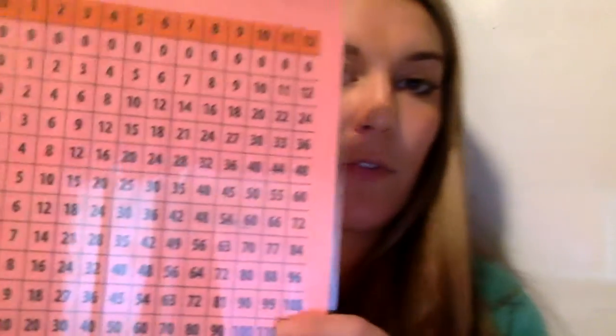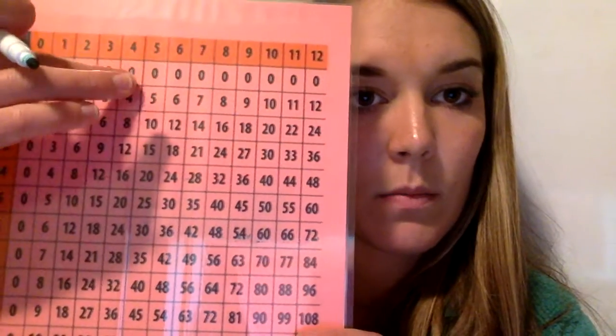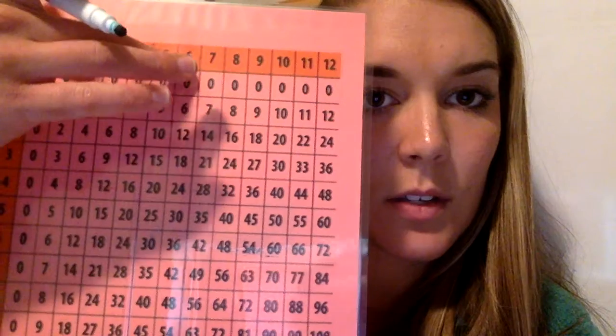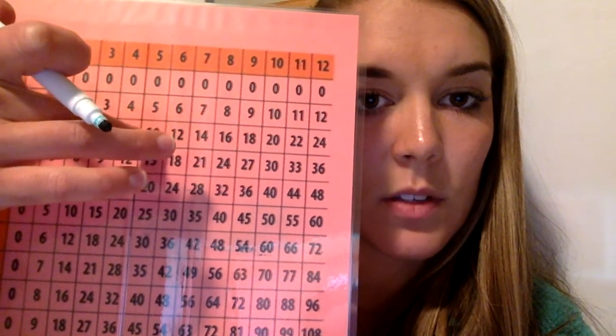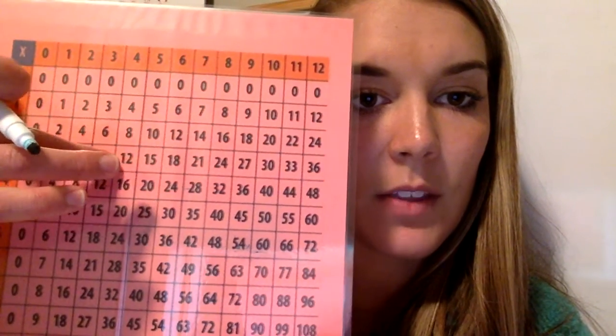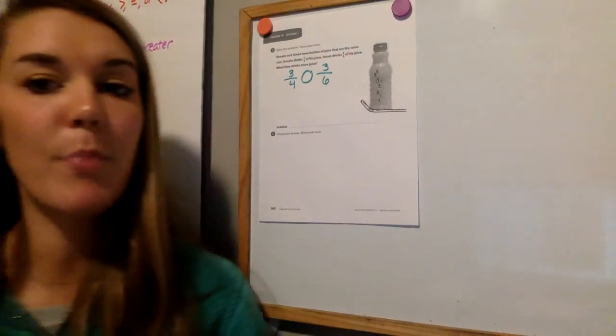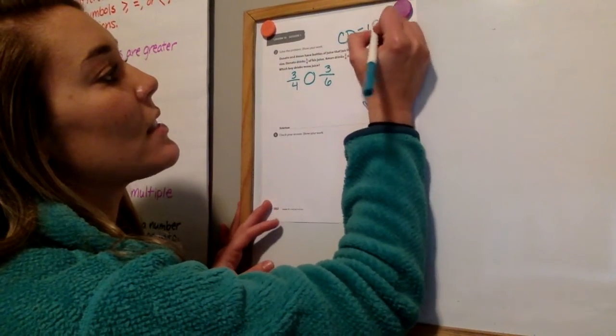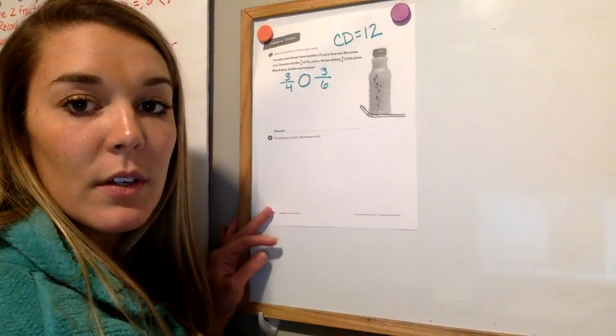I'm going to go down the 4. Okay. And down the 6. Oh, there's a 12 here, and there's a 12 there. So that means that 4 and 6 can both go into 12. So I always like to write this. CD is 12. Okay.